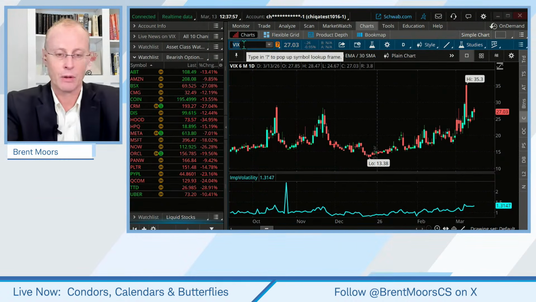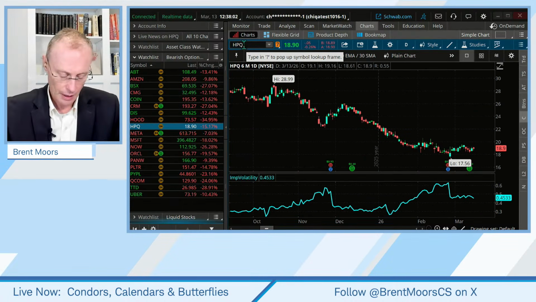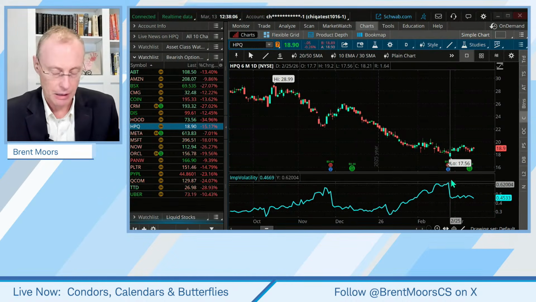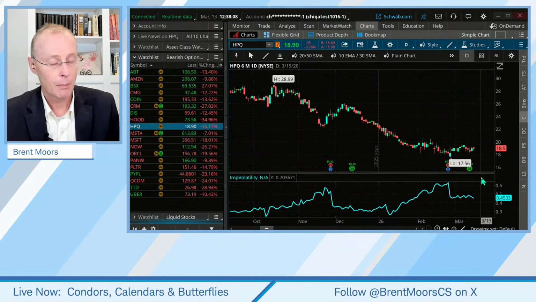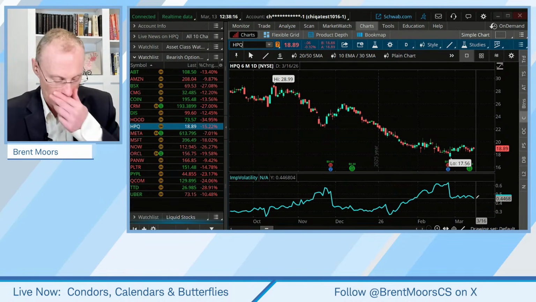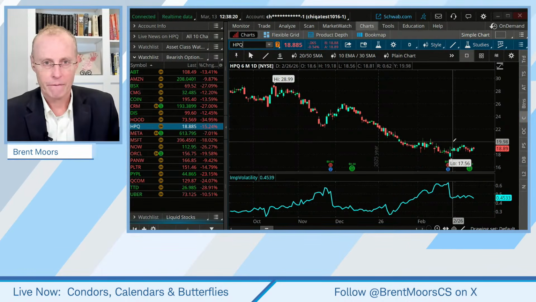Okay, let's go back to HPQ here and look at another trade. Let's start with the calendar spread. A calendar spread, positive vega, would tend to benefit if implied volatilities go up on us. What are we thinking?